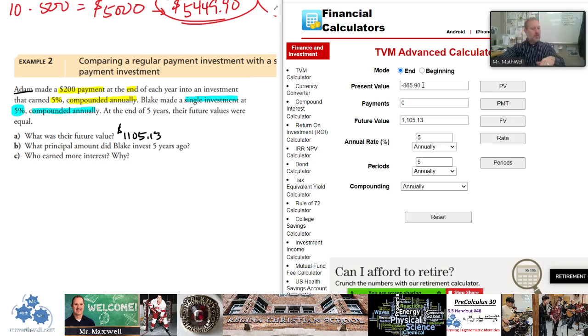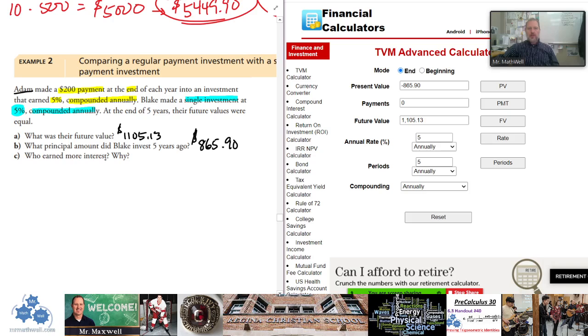Okay, so yeah, Blake's investment, his present value was 865.90. So we gave the calculator the future value. We told it the interest rate and everything like that. No payments. Go back now and find the present value. So 865.90.